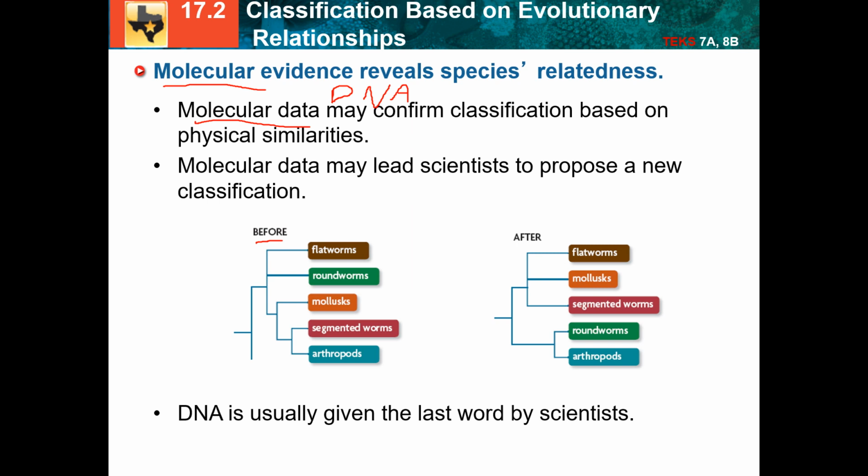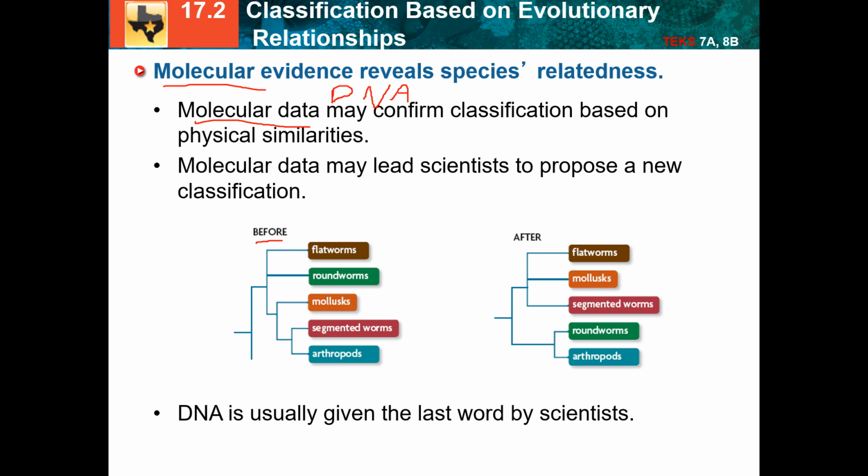But it's not as if this roundworm got replaced by elephants or something ridiculous. They still are all somewhat related, but the DNA bases that these worms share were slightly different. So it changed how you would make this cladogram. Code word box.